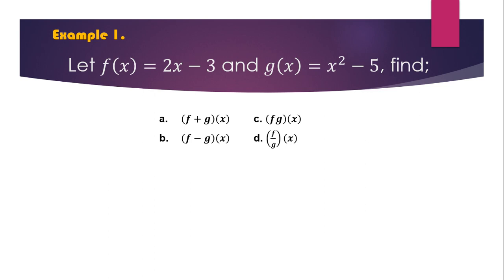Find letter A, quantity f plus g of x, letter B, quantity f minus g of x, letter C, f times g of x, and letter D, quantity f over g of x. In this problem, letter A is just the sum of the two functions. Letter B is the difference. Letter C, the product, and letter D is the quotient of the two given functions.